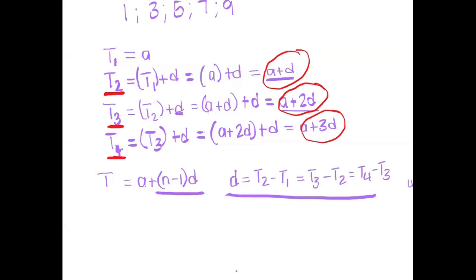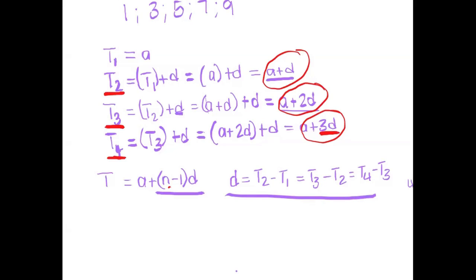Your term number is 4, here you've got 3D. That's why they say N, so N is your term number minus 1. Here your term number is 2, minus 1, that's 1. That's why it's just A plus D. Here it's 3, 3 minus 1 is 2. That's why it's 2D. Does that make sense? Yes. Okay.